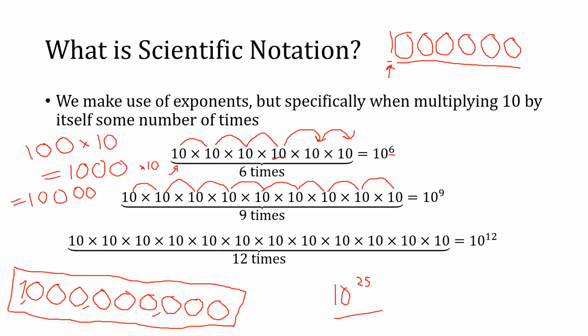So when you want to condense a large number like that down to a smaller form, and it's easier when it ends in a bunch of zeros, we can use these exponents to really condense the way that we write it.